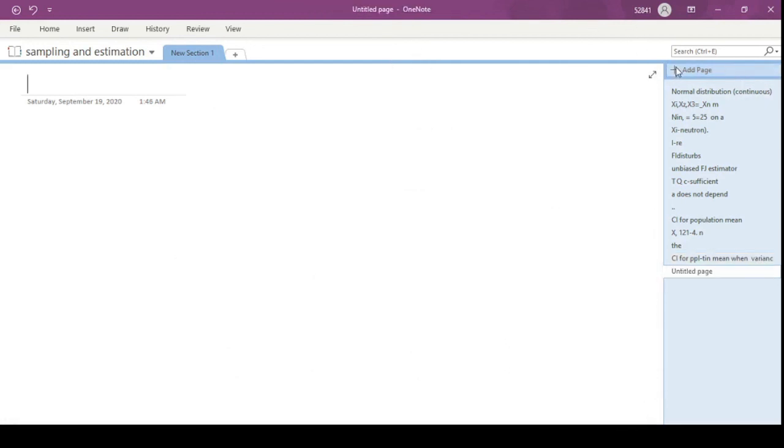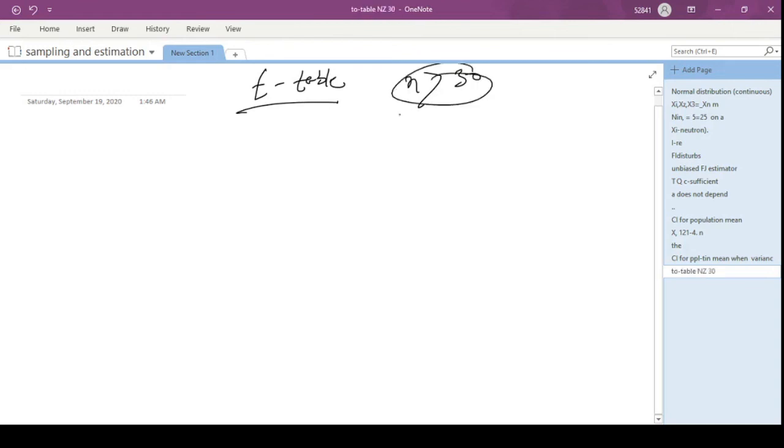Now there can be a large sample. See, if you go to the t table, you will not find data for degrees of freedom more than 30 or so. So when n is greater than 30, how do we find out?